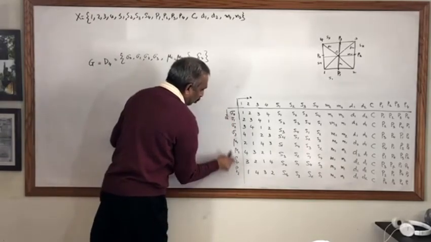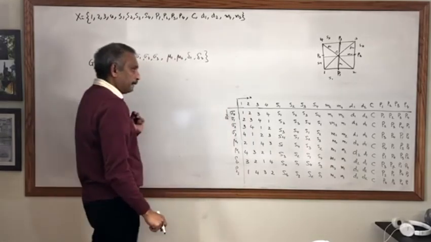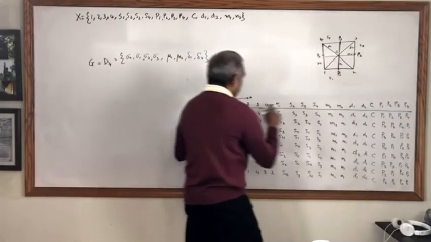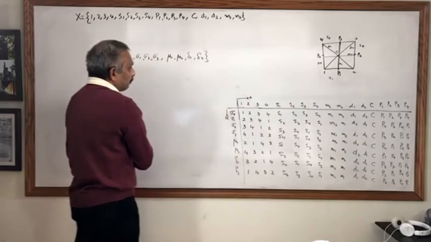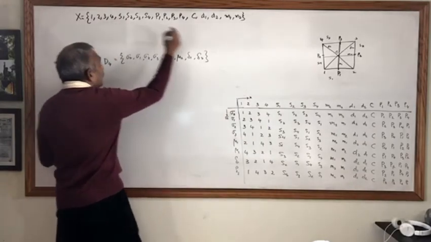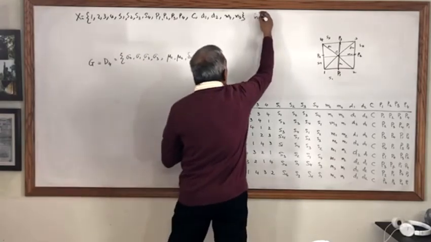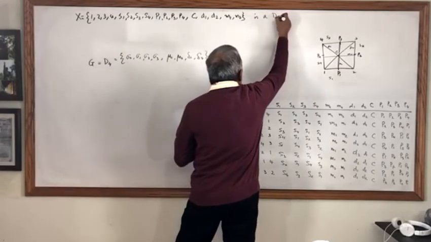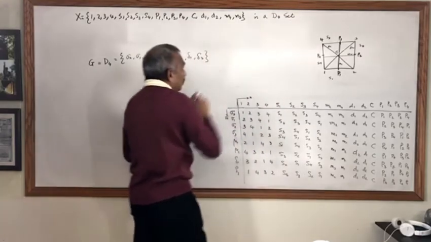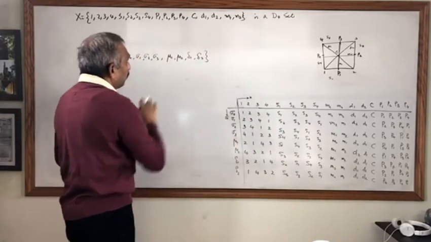These are group elements and these are the elements from the set. And this set is a D4 set. And we haven't defined the action on it, but we are going to define the action.